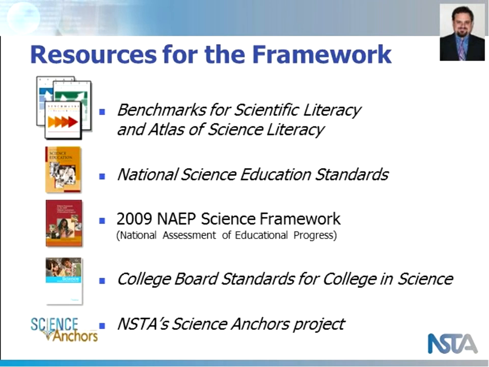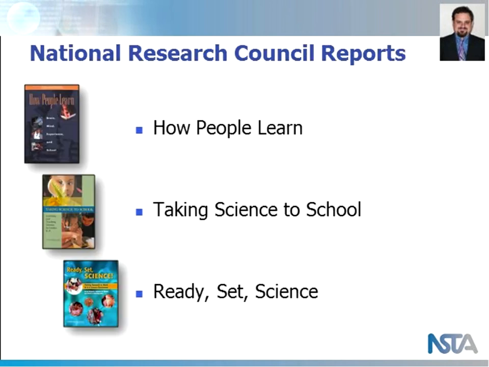The framework tried to take a number of different documents, benchmarks in the Atlas, the National Science Education Standards, the NAEP Framework, College Board Standards, and NSTA's own work in terms of trying to figure out how to coalesce standards, put those all together. They also took into account other research projects that the National Research Council had taken into account: how people learn, taking science to school, Ready, Set, Science.